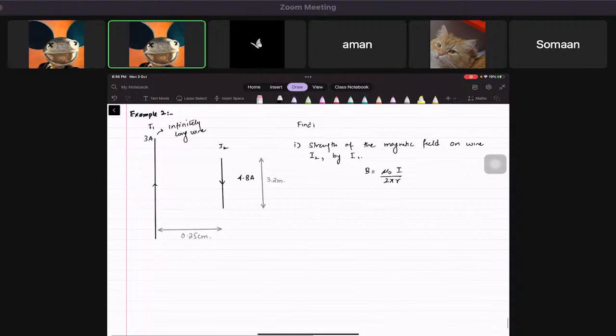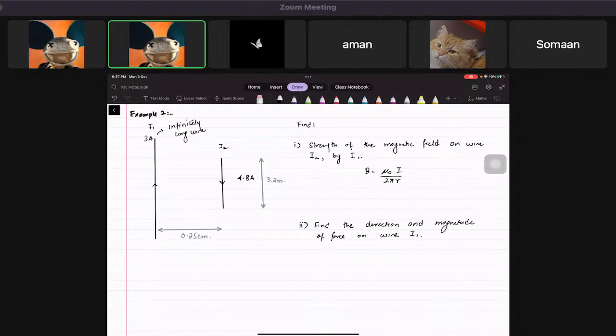And in the second part they say find the direction and magnitude of force on wire I1. So you just need to do that.